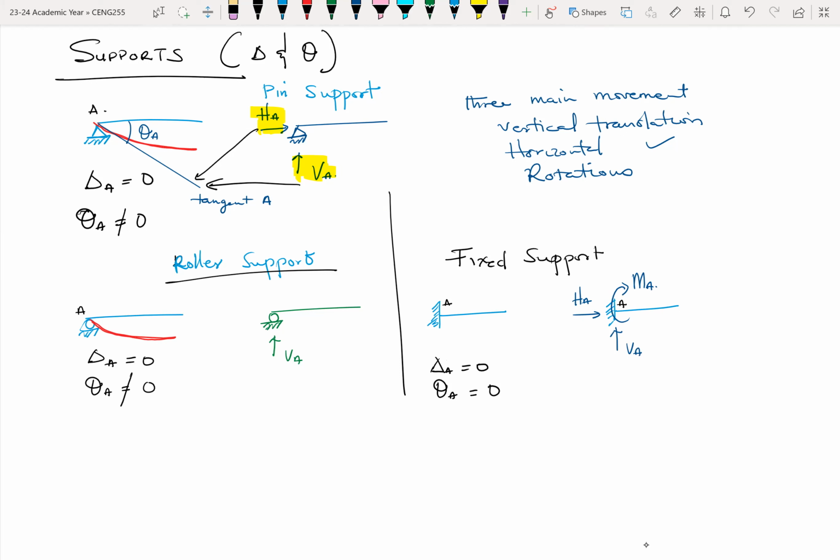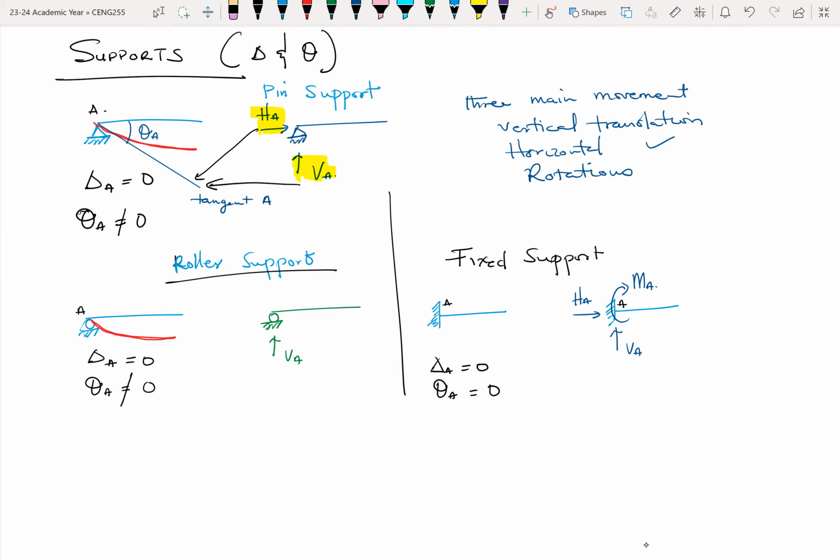A reaction simply means preventing motion. In the simplest terms, you are preventing motion. Once a support has some reaction in a certain direction, it is preventing movement in that direction. So a fixed support has a rotational reaction, which is the moment.